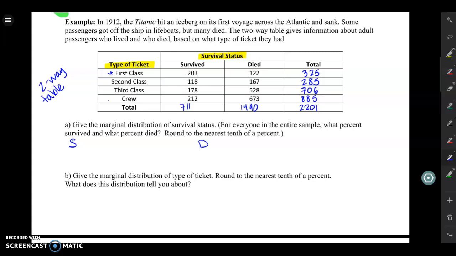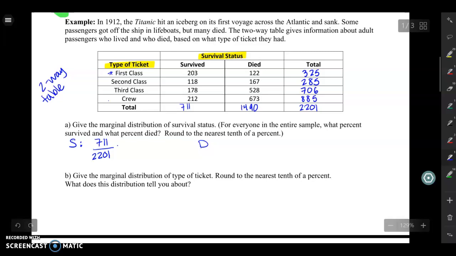Okay. So I want to know how many people survived. I'm going to look at the total number of surviving people, which was 711. And I'm going to divide that by the total number of people that were on that ship that day. So again, when we're looking at marginal distributions, we're just looking at those total rows and columns.